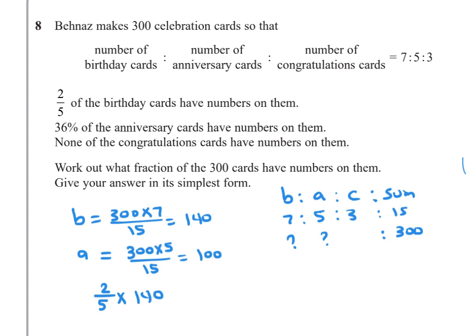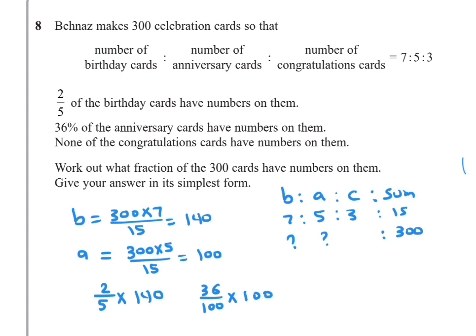And 36% of the anniversary cards have numbers on them, so 36%. This means 36 over 100. Multiply by the number of the anniversary cards, which is 100.